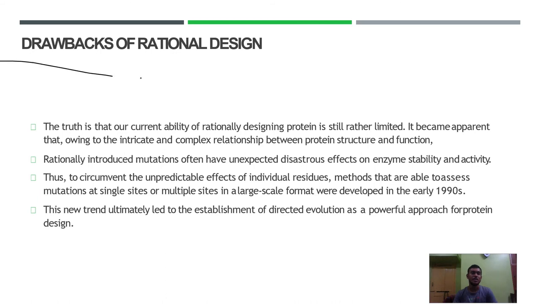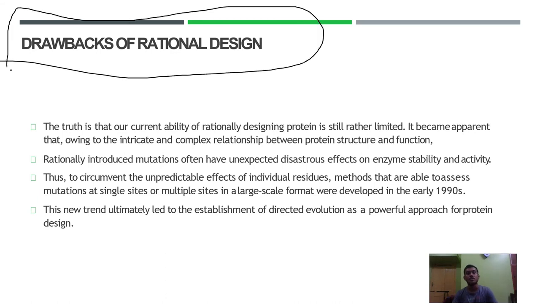Moving on, talking about the drawbacks of this design. The real truth is that our current ability of rational protein design is still rather limited. It is apparent owing to the intricate and complex relationship between protein structure and function. I would say that it's still under experimentation.